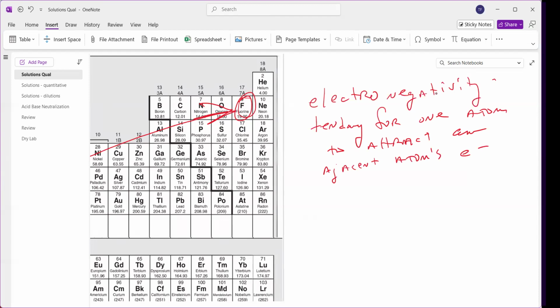It's a tendency for one atom to attract an adjacent atom's electrons. So fluorine has the most electronegativity. And in Unit 4, we're going to talk about why this trend exists.